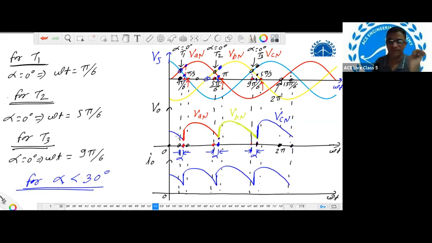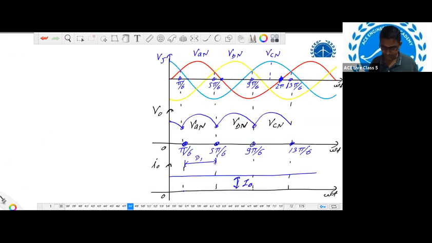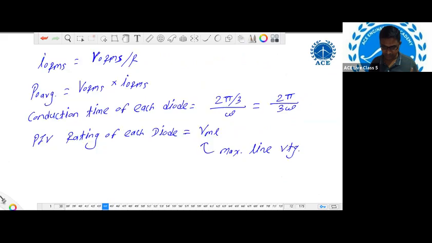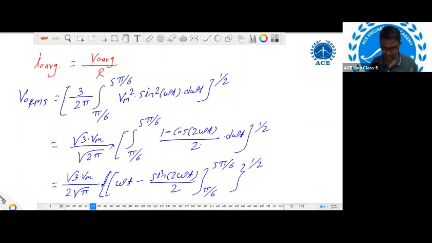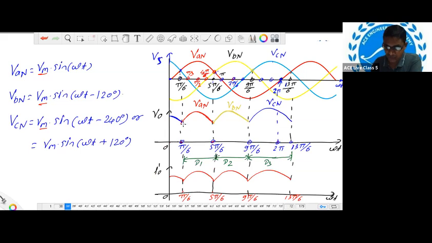So if you compare this waveform and the diode rectifier waveform, in the diode rectifier, either R load or RL load, the waveform will not change. Let me show it for R load first. How was the waveform?